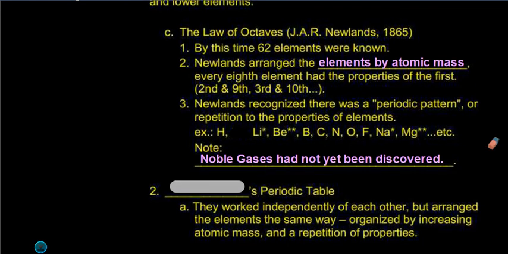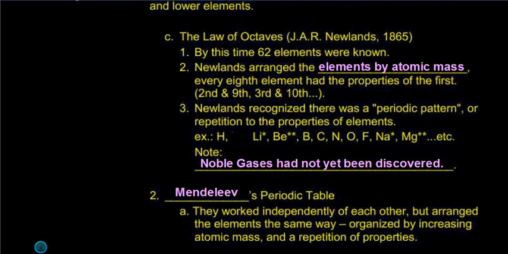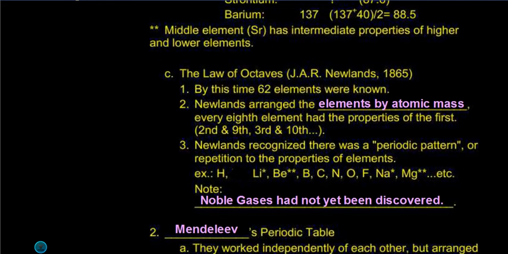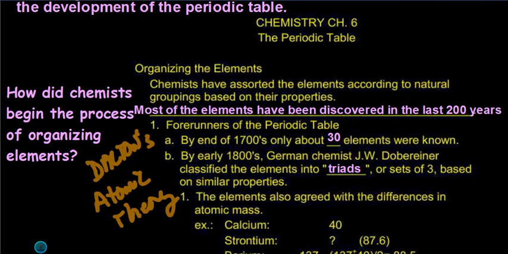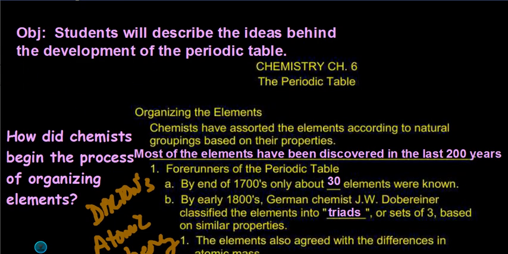Okay, this idea was expanded by Mendeleev, a Russian chemist who worked independently of Newlands, but arranged elements in very much the same way. He organized by increasing atomic mass and a repetition of properties. Now, if you remember the Hunting the Elements video in my class, you remember seeing his periodic table mounted on the wall of a Russian building.